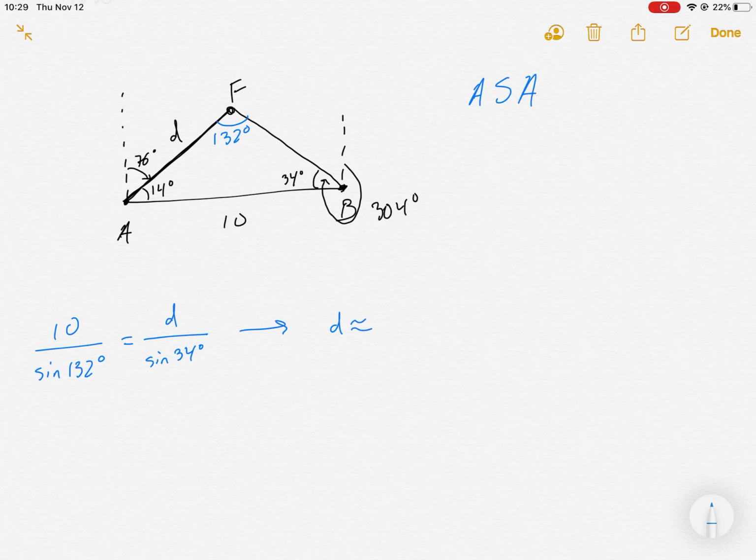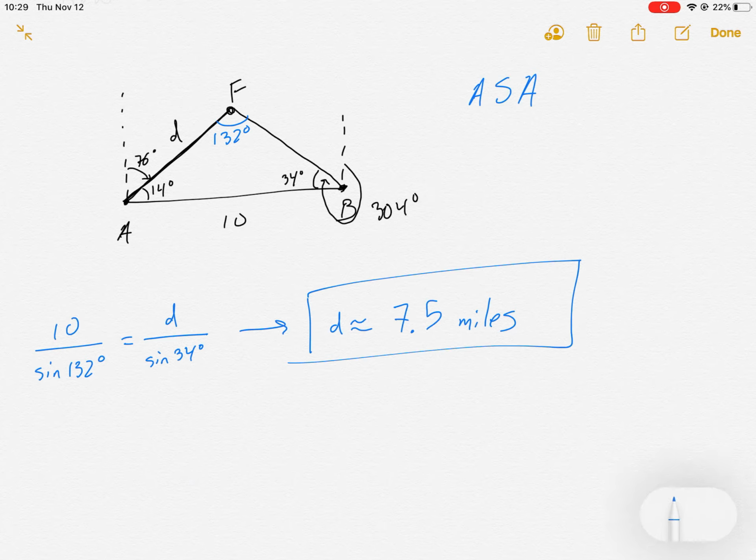So this turns into a much simpler problem. I'm going to type this into the calculator really quick, but it turns out to be much simpler than what we did before in section 4.8, I think it was, if you take a look back at that. So I get about 7.5 miles, 7.52 to be a little more precise, but we'll go with 7.5 miles. So pretty quick when you're using law of sines and law of cosines.